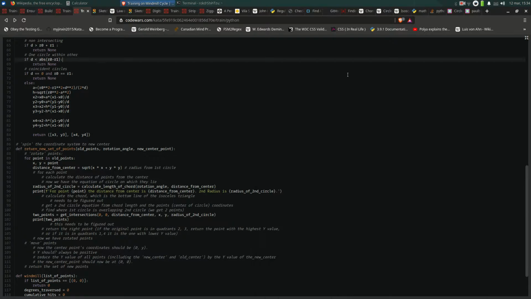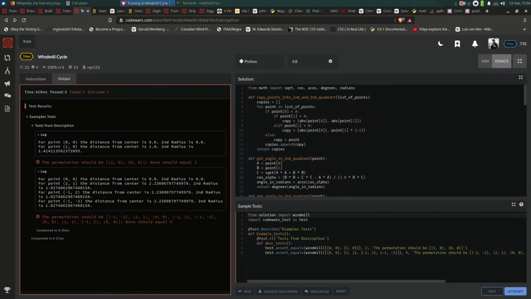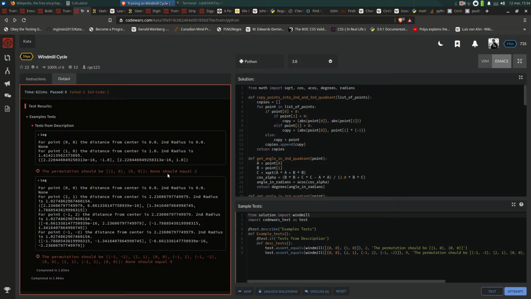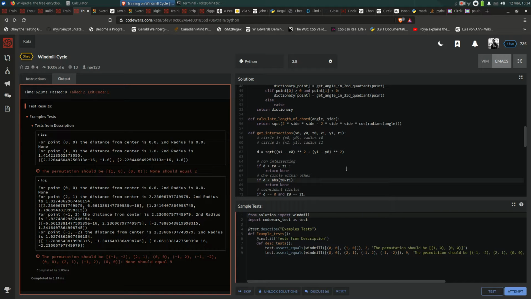Oh, what am I doing? Those are 2 points, which is very, oh, this is so small. That minus 16 is an extremely small number. Luckily I don't care.